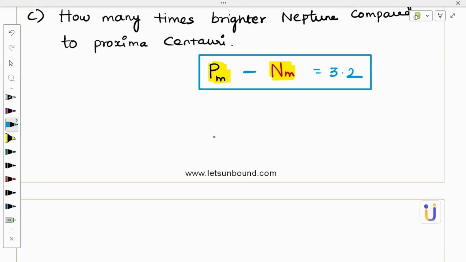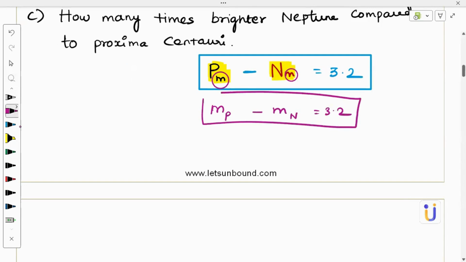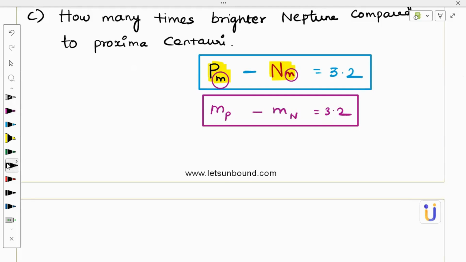Okay, so how to find the magnitude of Proxima Centauri and magnitude of Neptune. If you have a confusion, you can use it this way also: magnitude of Proxima Centauri minus magnitude of Neptune equal 3.2. Any way you can take. Okay, magnitude, we know the model.